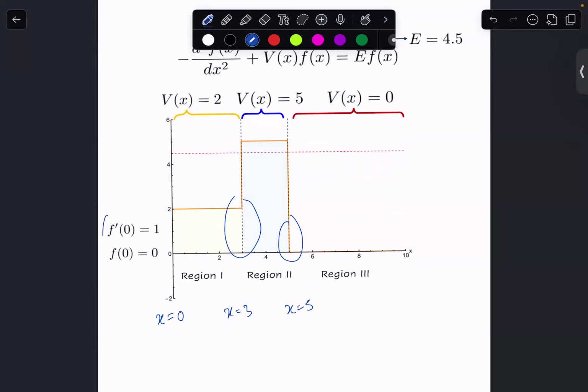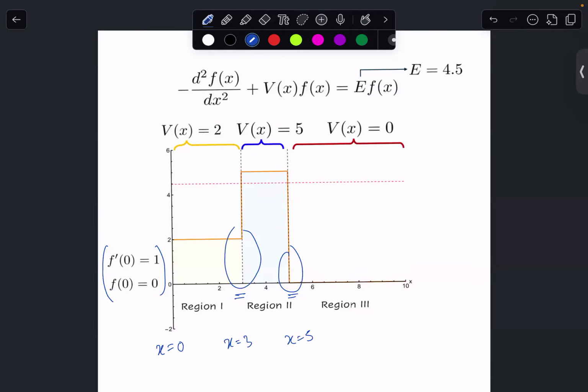We have already been given the boundary conditions here, that is f prime of 0 is 1 and f of 0 is 0. We'll see how we'll apply that. And also at these two terminals at x equals 3 and 5, we have to take care that our final function f of x is continuous and differentiable at each of these boundaries.